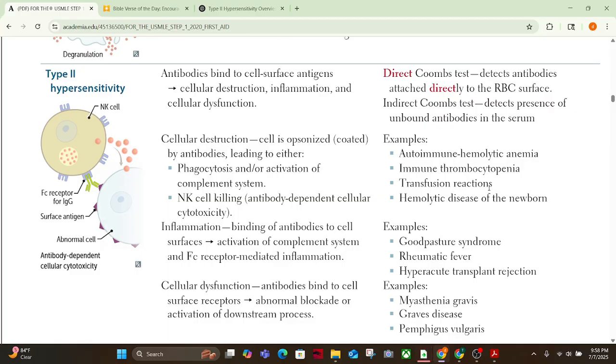My Rh antibody will go through my placenta and attack the baby. So that's why mothers that have a negative blood type have to take a shot after the first baby is born and before the second baby is born.